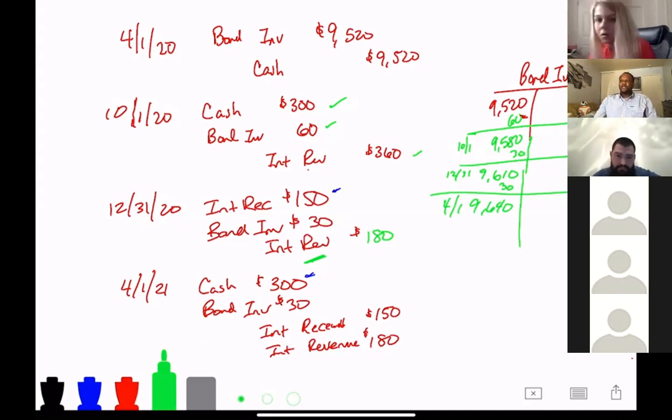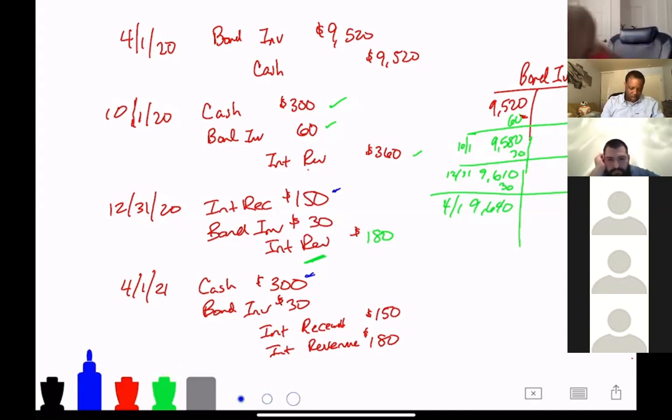And then here comes the beautiful chaos. When we get to October of 2021, it looks like that. December of 2021 looks like that. April of 2022 looks like that.